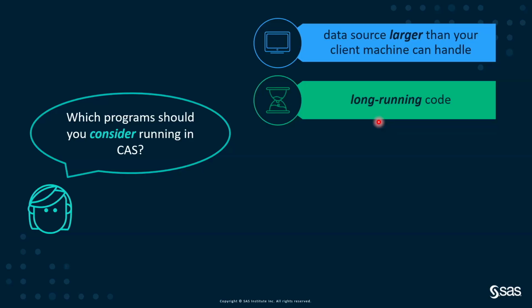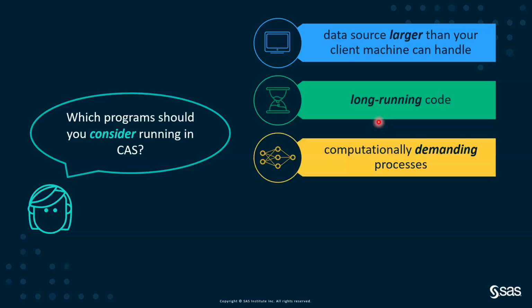It has to pass through the data multiple times, and any traditional system would take a lot of time to process it. So these are all examples where you have long running code, and that's where you want to come to CAS to cut down all that time.